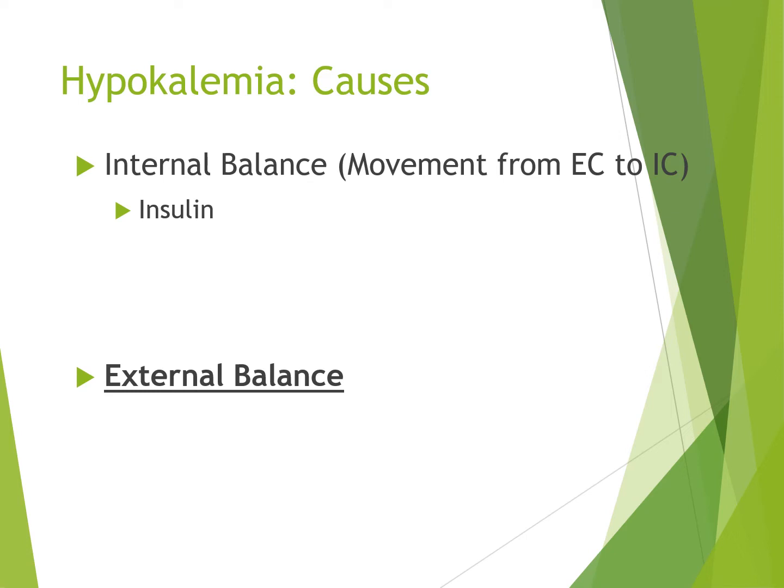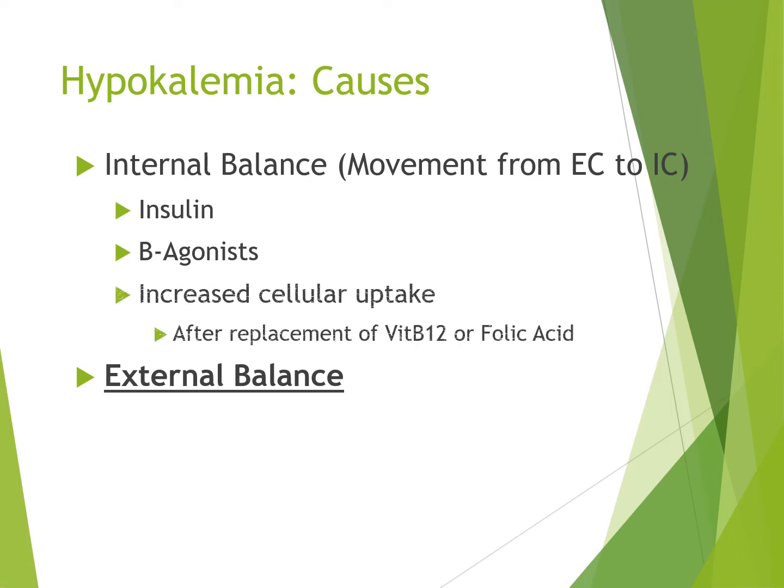This is going to drop their potassium, so you have to replace their potassium at the same time. I'll talk about this further in that lecture. Also, beta agonists can cause an internal balance problem, and also increased cellular uptake, such as after replacement of vitamin B12 and folic acid, can cause your potassium to drop.